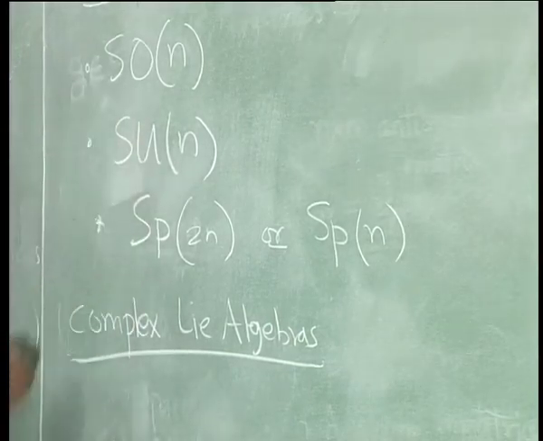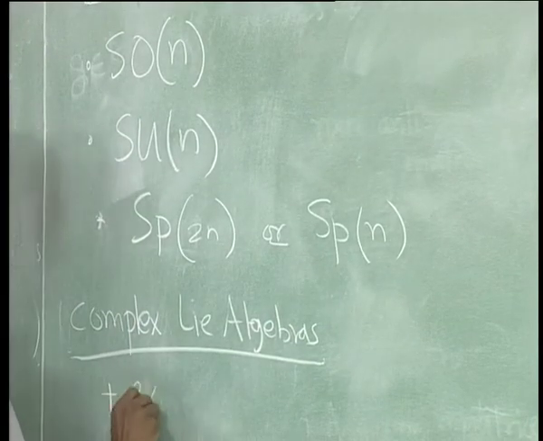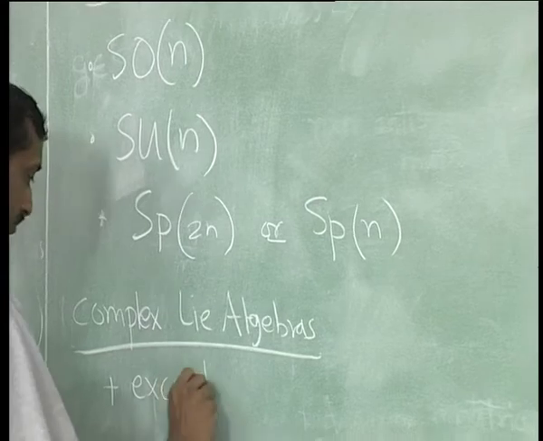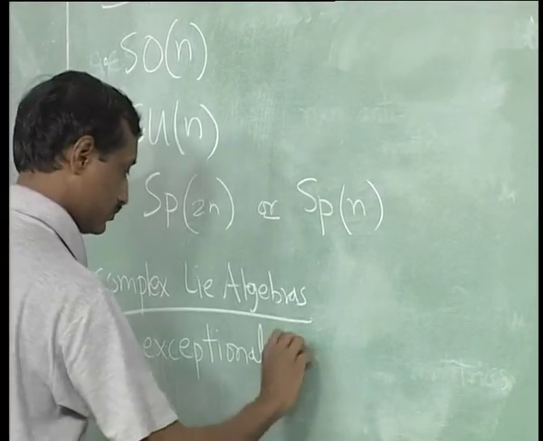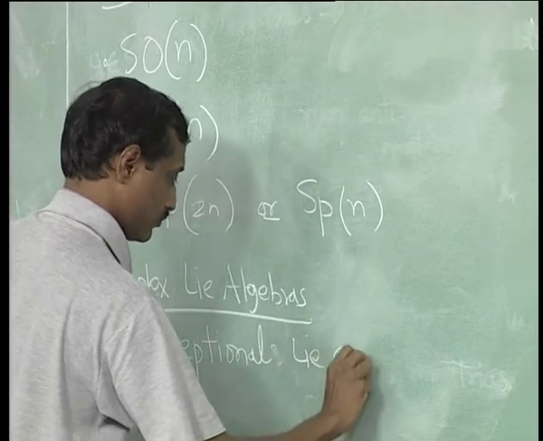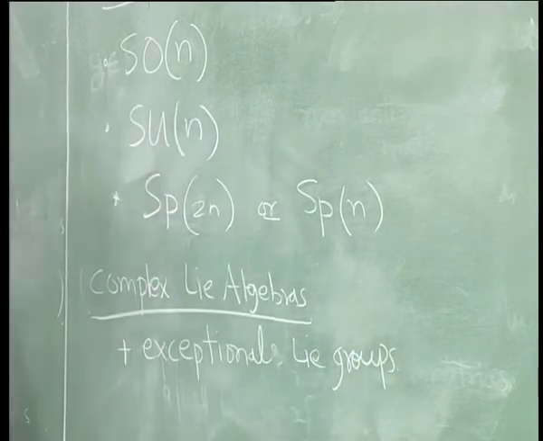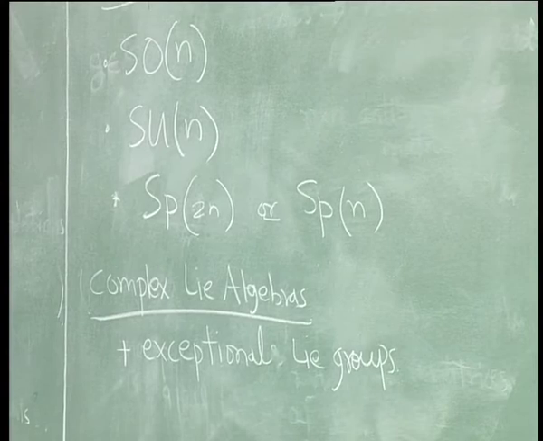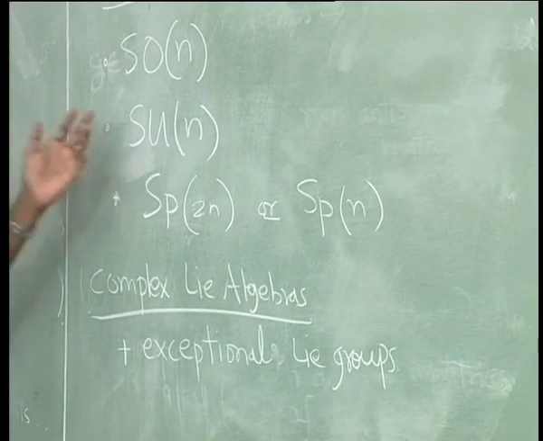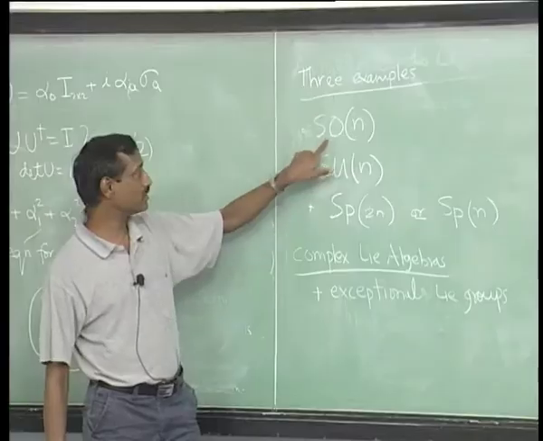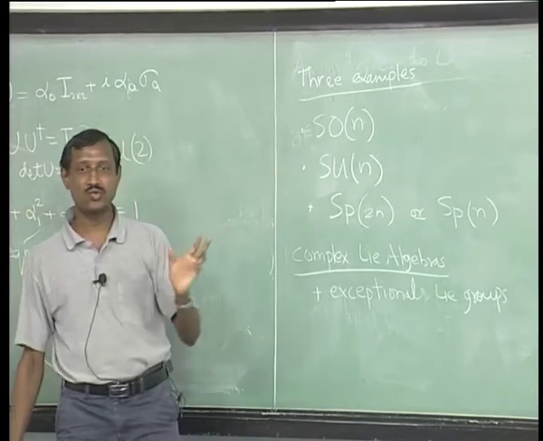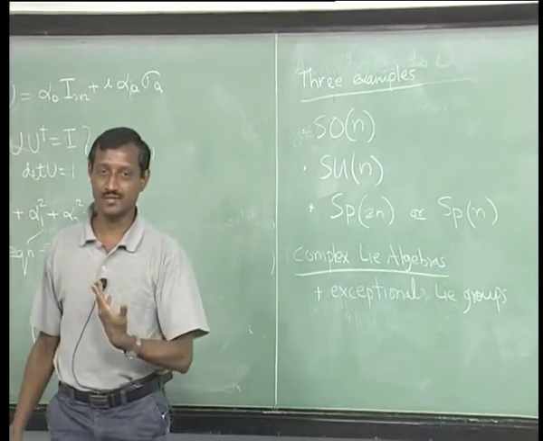You find that you get these 3, but plus there are exceptionals. They are called exceptional because they are not part of any family, they occur only for some special cases. Cartan's classification has some labels: A, B, C, D. Here you separate out SO2N, the even case, and the odd case.